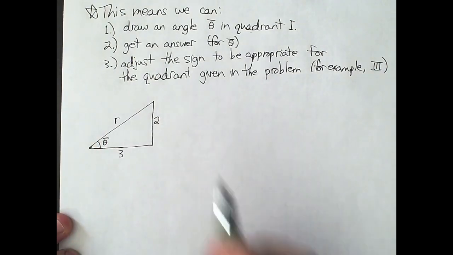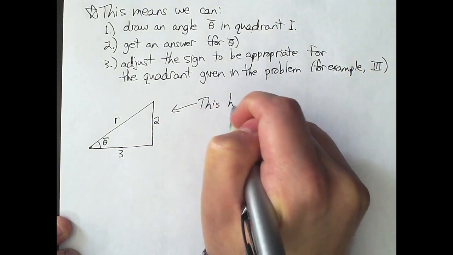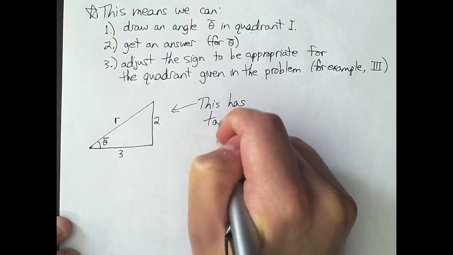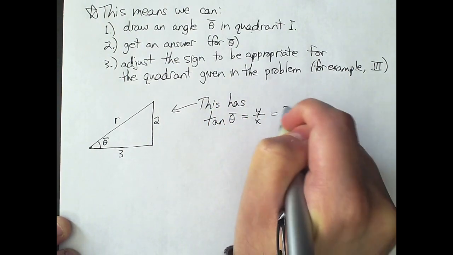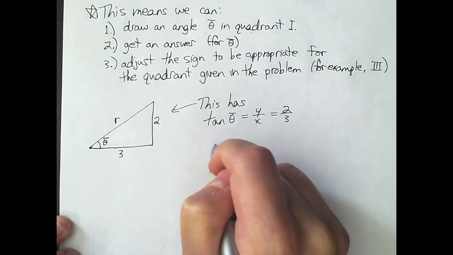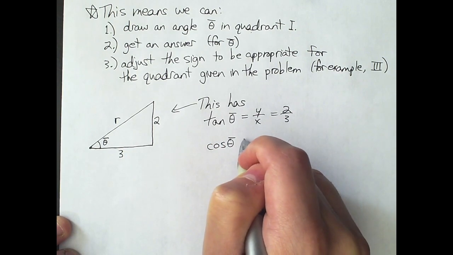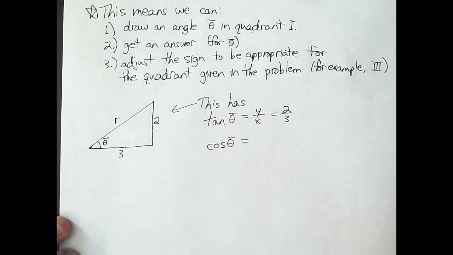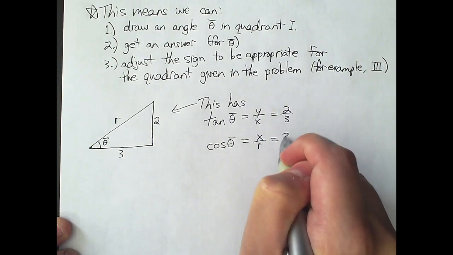R is kind of the hypotenuse of this. Now, this has tangent of theta bar equals y over x equals 2/3. And we want to know cosine of theta bar. What is cosine supposed to be? Cosine is supposed to be x over r. And we want to find it.